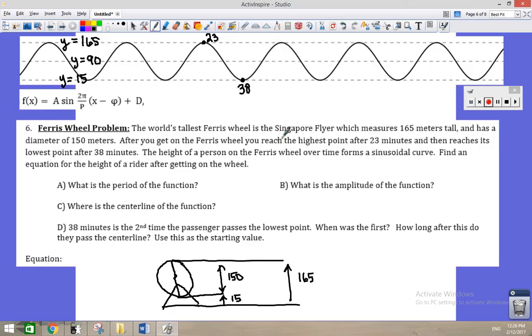All right, so we know that half of the period is the length from the max to a min. 38 minus 23 is 15. So half the period is 15, that means that the period then is 30 minutes.